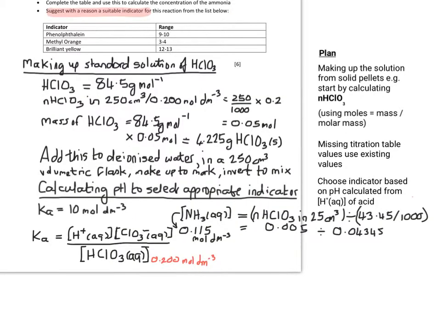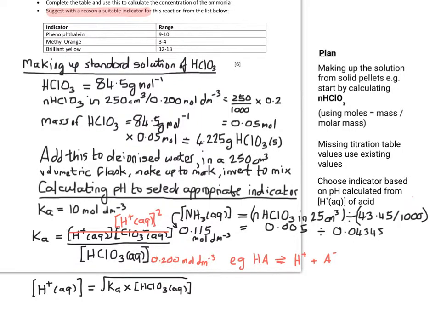So remembering that our HClO3 was 0.200 moles per decimeter to the minus 3, we can also assume that the concentration of H plus and the concentration of ClO3 minus will be the same, because in weak acids you can make the assumption that if they're monoprotic, you'll get equimolar quantities, like so.